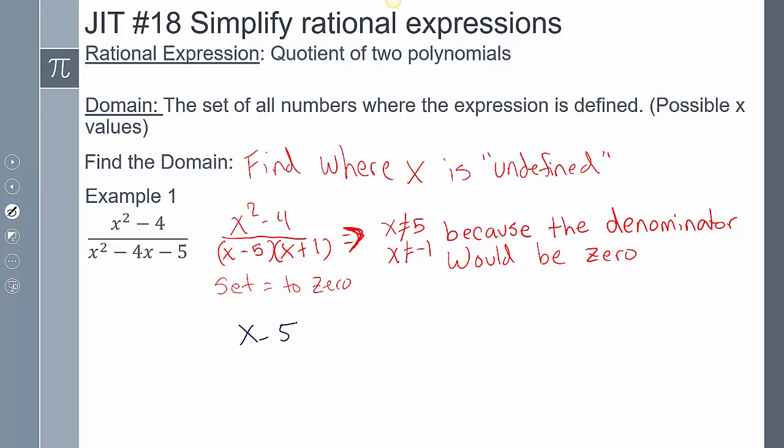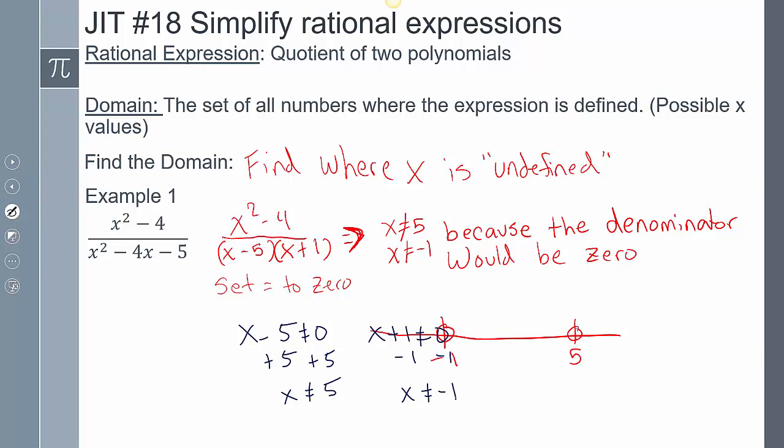So we say x minus 5 cannot equal 0 and x plus 1 cannot equal 0. Well, if I add 5 to both sides, I get x can't equal 5. If I subtract 1 from both sides, I get x can't equal negative 1. And those are going to be the values that would set my denominator equal to 0.